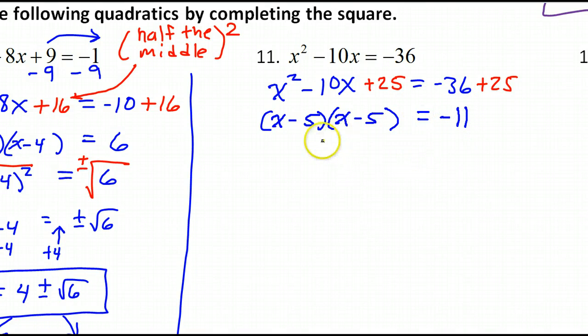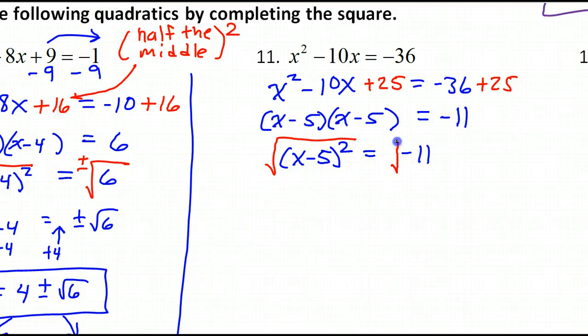So there. Now since these are the same as planned, we will write them more compactly as x minus 5 squared equals negative 11. Now that we've written it so compactly, it is easy to take the square root of both sides.